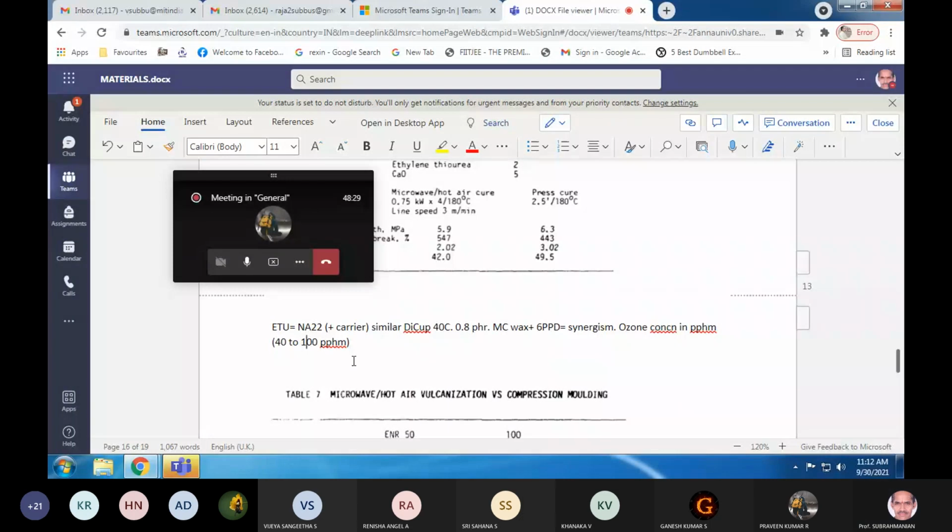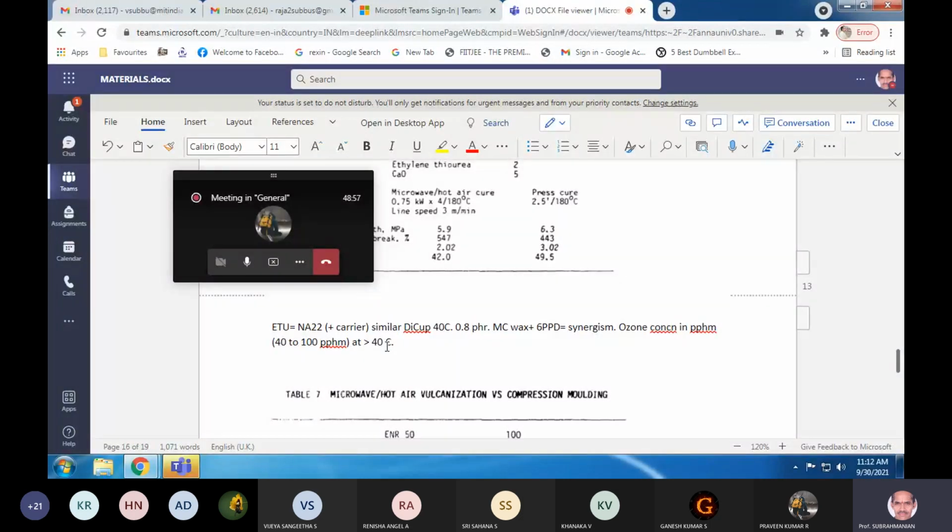Temperature about 40 degrees. Okay. This ozone concentration, even at 40 parts out of 10 raised to 8 atmosphere. So just imagine in an atmosphere concentration of 10 raised to 8, how much is the ozone?